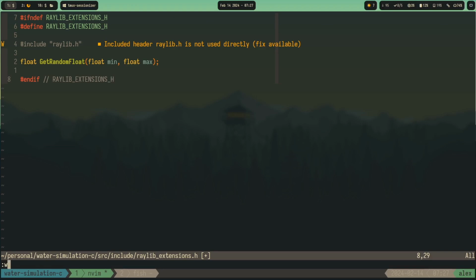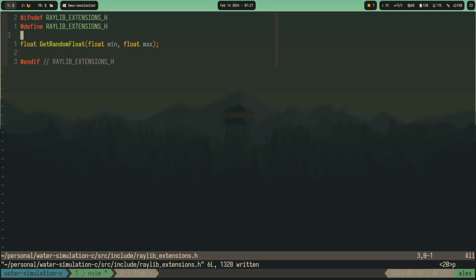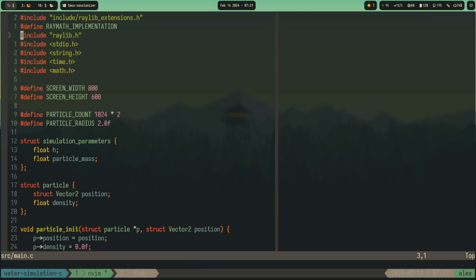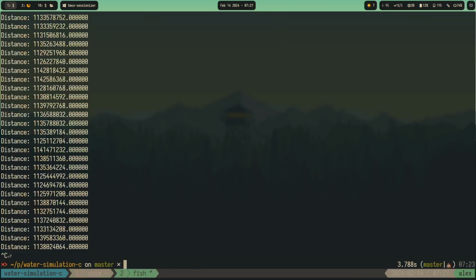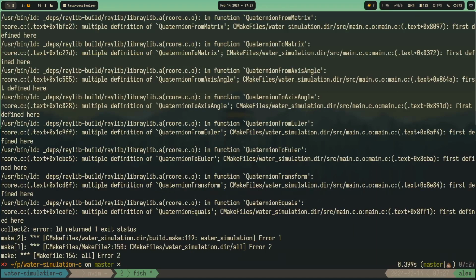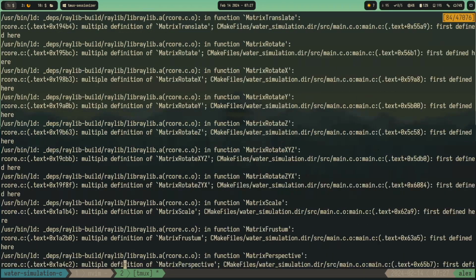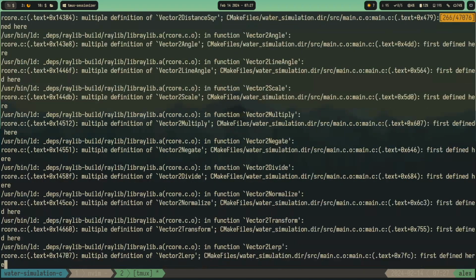Maybe this somehow broke something. Because I don't really get how that doesn't work.